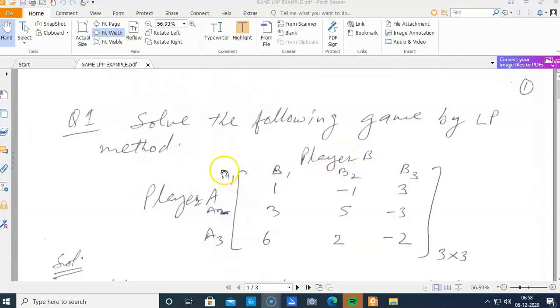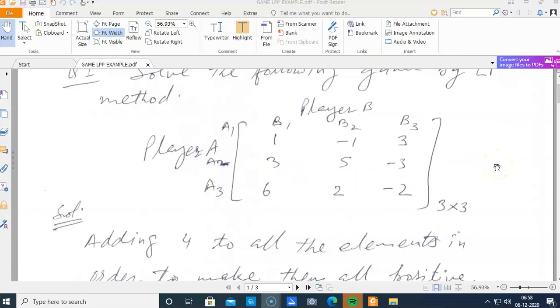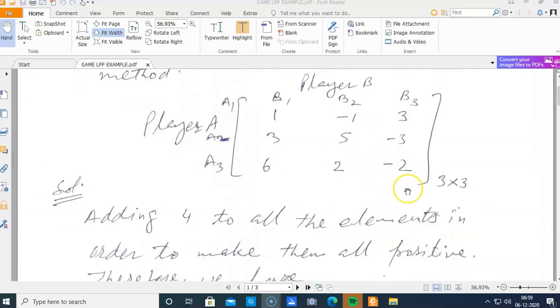So consider this example: solve the following game by LP method. This is a two-player zero-sum game, where A1, A2, A3 are strategies of player A and B1, B2, B3 are strategies of player B, and this is the payoff matrix. Here we can see some entries are negative. As discussed earlier, we must add something so that all the entries are positive.